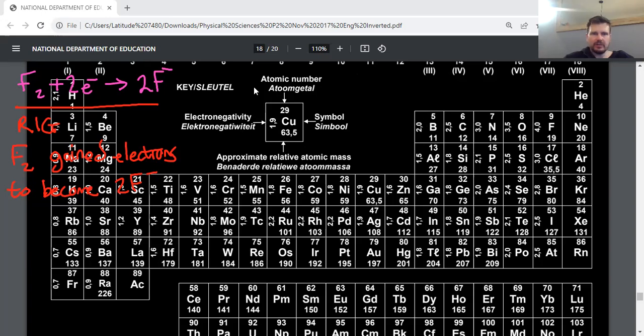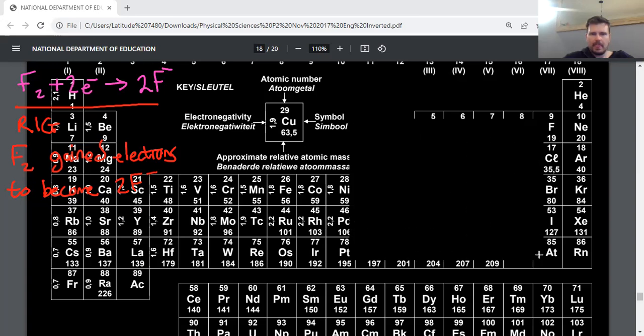Because if we look at fluorine, first of all, it's very high up, which means its valence electrons are really close to the nucleus. And we know that fluorine, group 7, has 7 valence electrons.